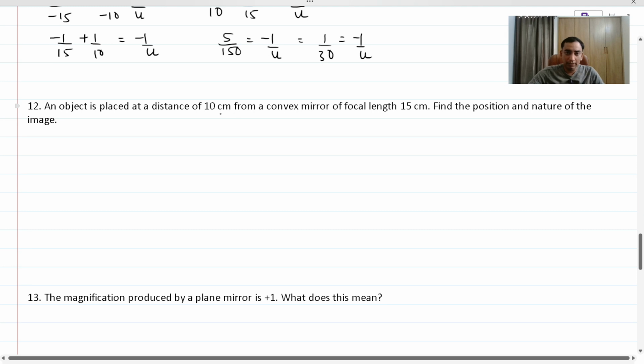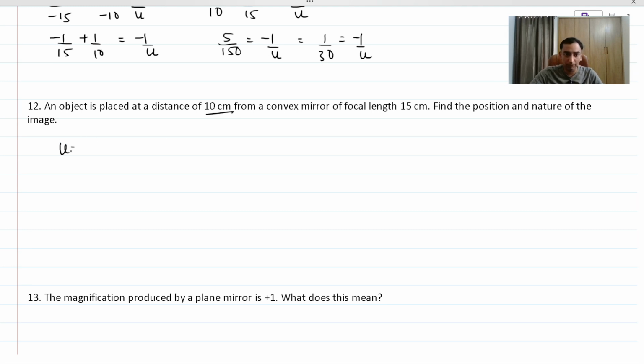An object is placed at a distance of 10 centimeters. So object distance is always negative. Now, a convex mirror, and by the way, everybody should understand that a convex mirror has a reflecting surface outside, and the center of curvature and the focus are on this side.